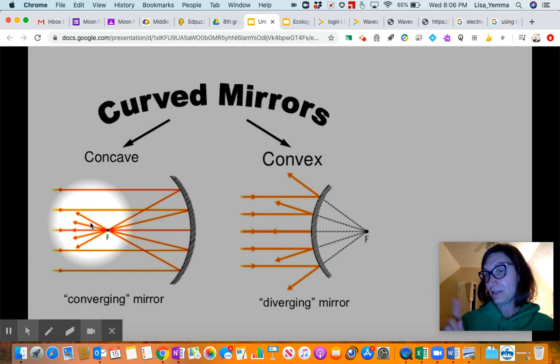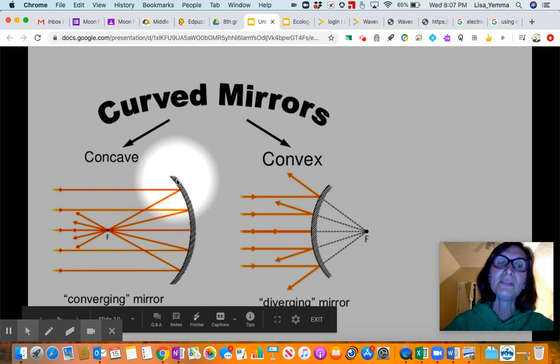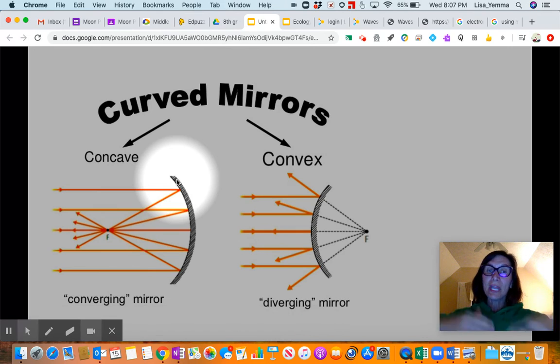Angle of incidence different from angle of reflection. And all over this surface, the angles of reflection will converge at a focal point, at an F point. So if I want to concentrate my sound and light, I would use a concave surface. If I want to spread out or diverge my sound or light, I would use a convex surface.